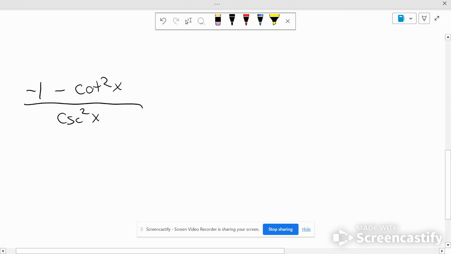It's not 1, but you're really close. Why would it be -1? So it's a Pythagorean identity going on there on top, right? If we do what?